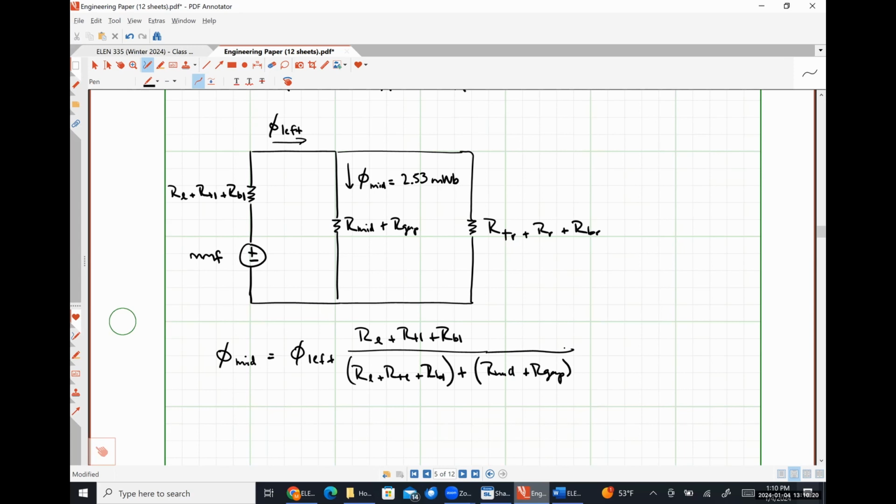So that's how I would find the middle if I knew the left, using the relationship of how the flux splits between the branches.